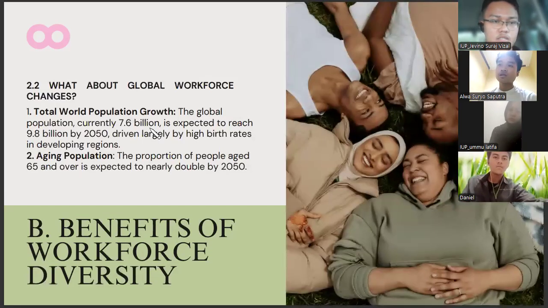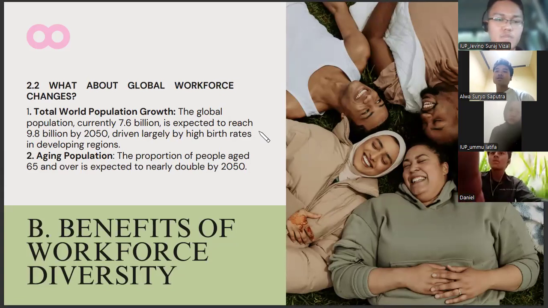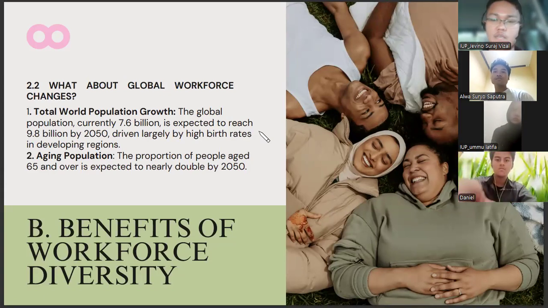And the next is 2.2. What about global workforce change? The first is total world population growth. The global population, currently 7.6 billion, is expected to reach 9.8 billion by 2050, driven largely by high birth rates in developing regions.